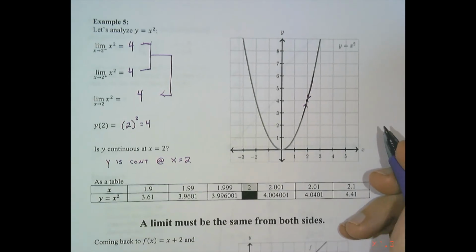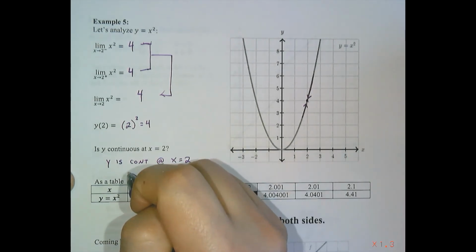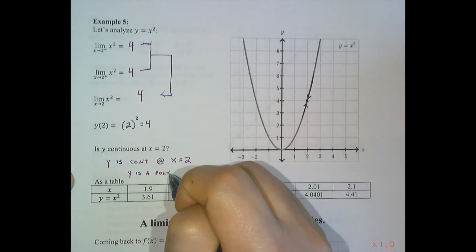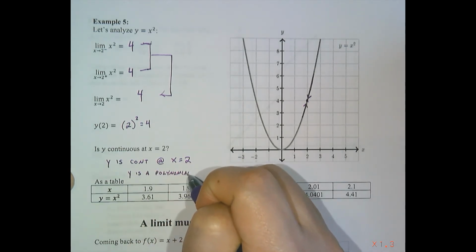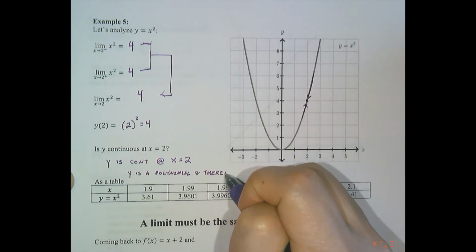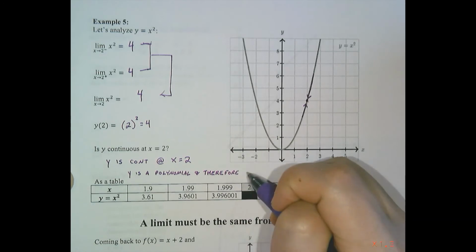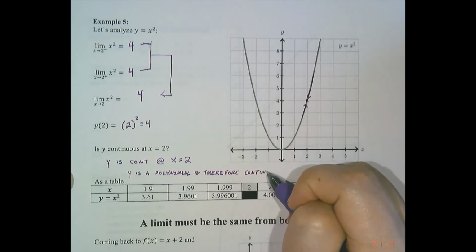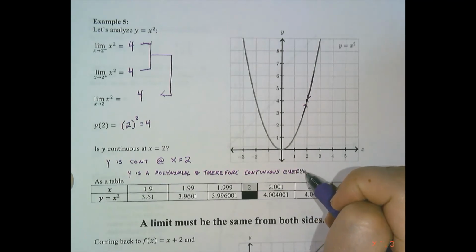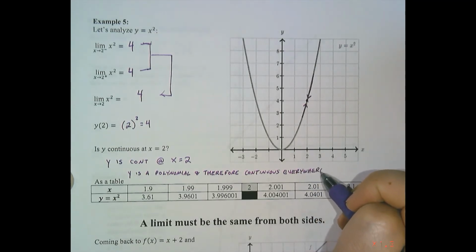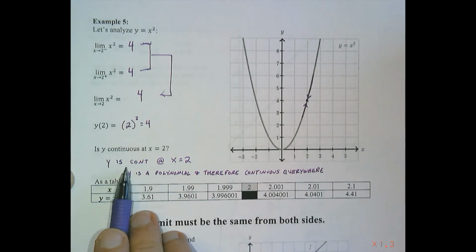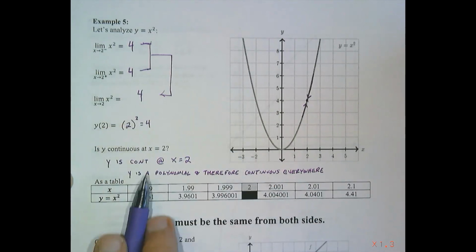We could have used some pre-calculus knowledge and said y is a polynomial and therefore continuous everywhere. But somewhere along the way, somebody had to generate a reason why we're allowed to say that, and it's born out of showing continuity at all the values.